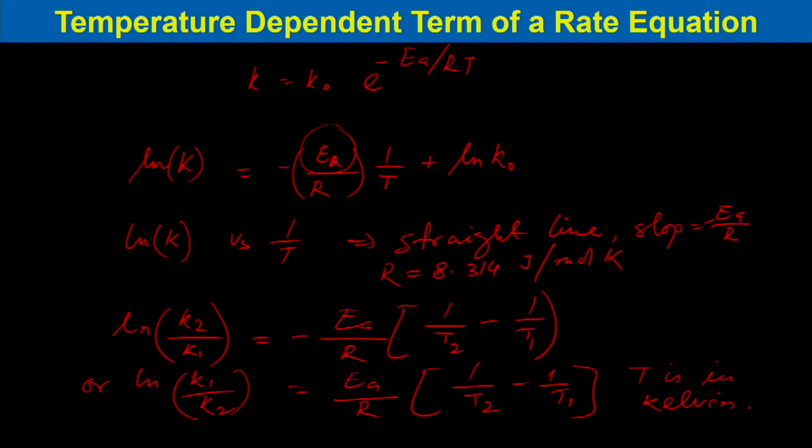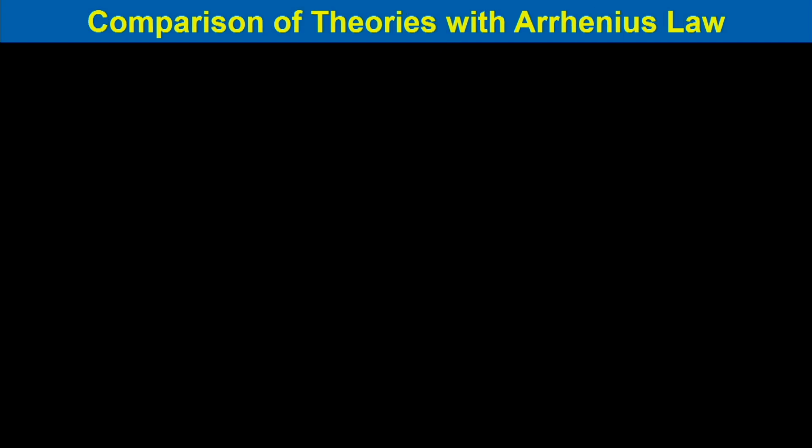Now, let us compare the temperature dependency of the Arrhenius equation with the different theories. Theories generally represent the rate constant as k = k0' T^m e^(-E/RT), where m is greater than or equal to 0 and less than 1.